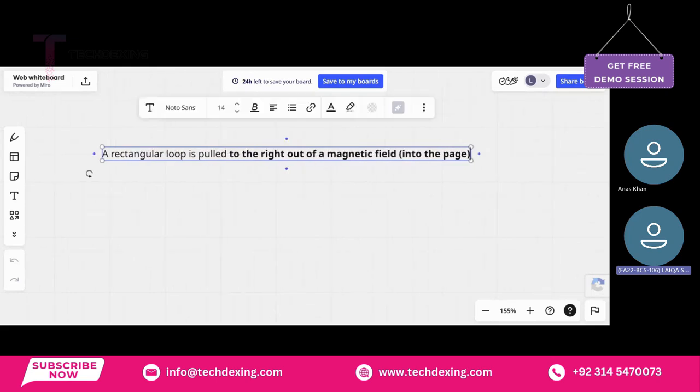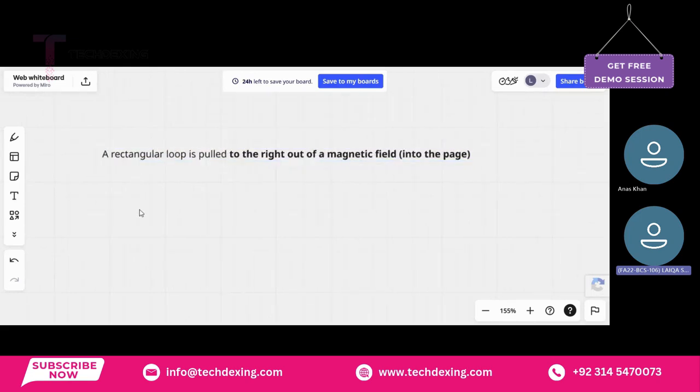For example, we are given a question that a rectangular loop is pulled to the right out of a magnetic field, and the magnetic field is going into the page. You have to tell the direction of the induced current. How can we find the direction of the induced current? What do we do in the first step?